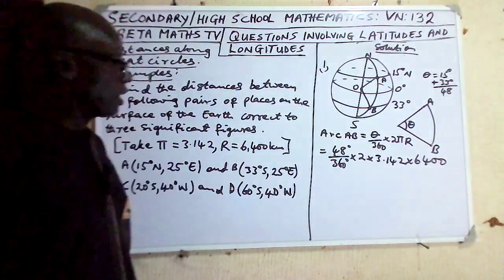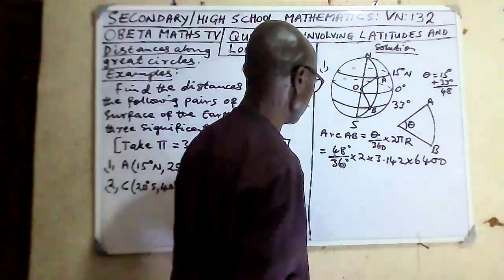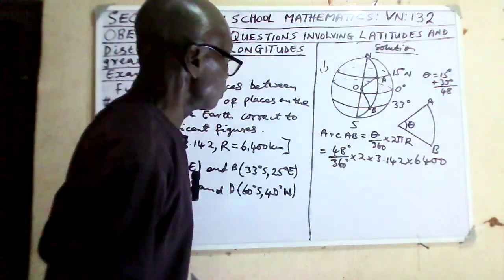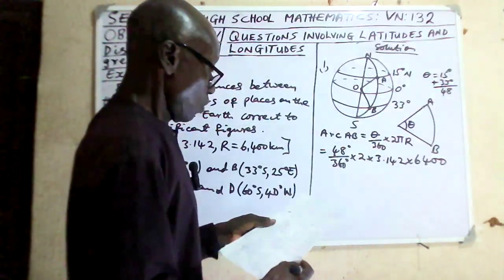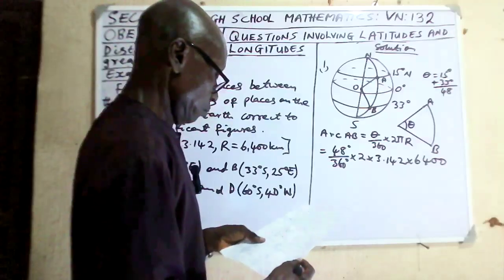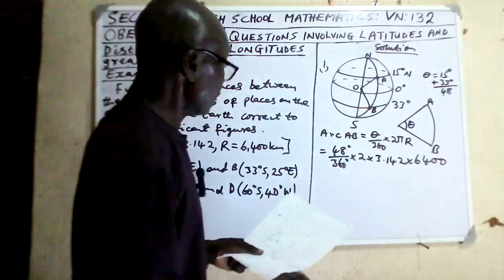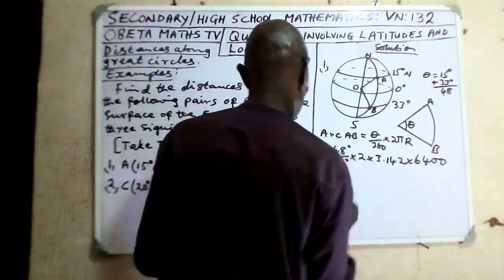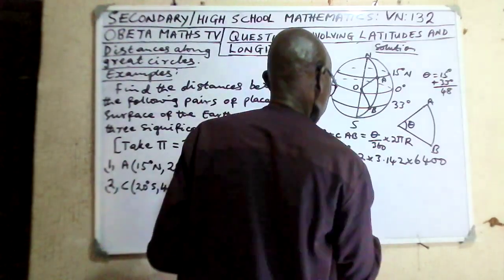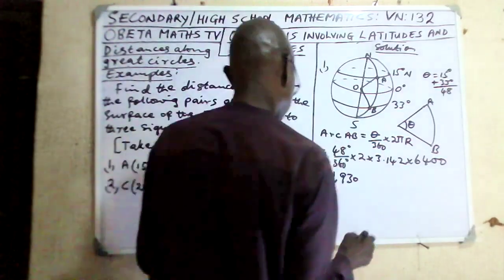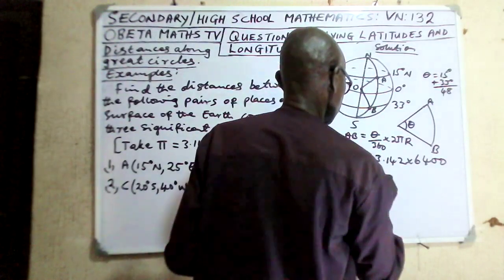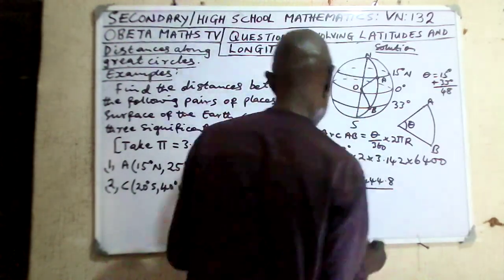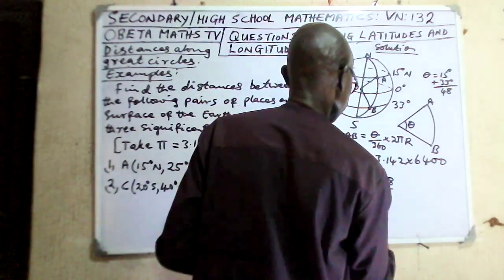So we have to multiply out. Working it out with calculator or formula table, if you multiply out, you are going to have 1930 04.8, divided by 360.